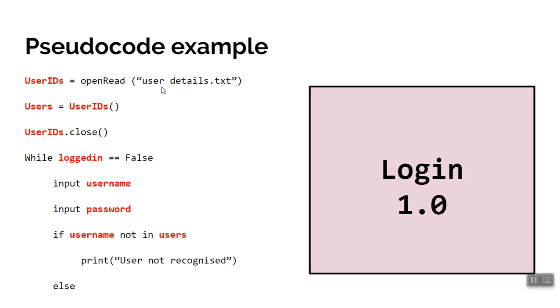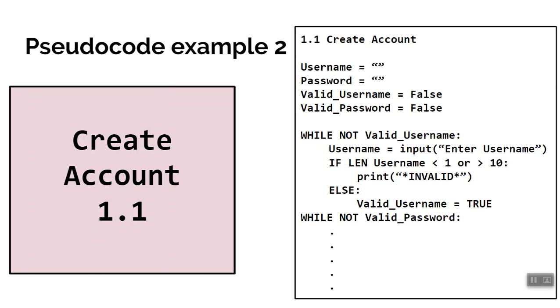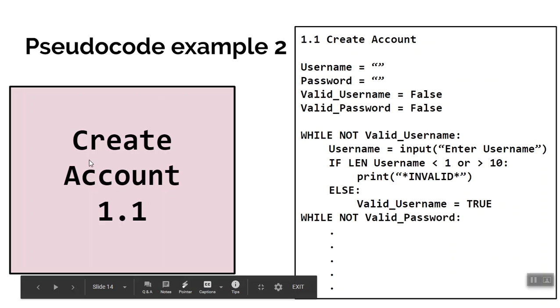So if you're looking at that and thinking that that's quite complicated, let's look at a slightly different example. Here's one where I've not stuck quite as closely to that OCR reference language as we might have done. But the question you need to ask yourself is, do you still understand what this program is doing? Again, it's not a whole lot. It's the create an account part of the problem.